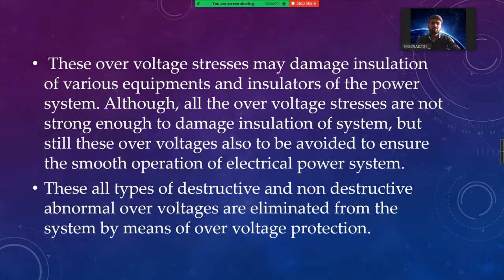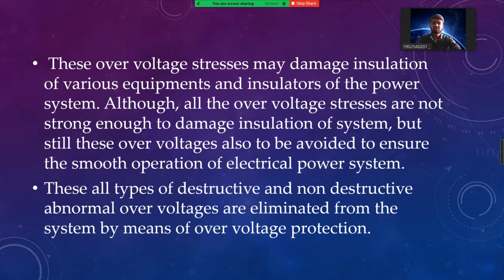Some kind of damage will occur on the transmission line. Because of that reason, we are providing better insulation or protection on the overhead transmission system against over voltages.